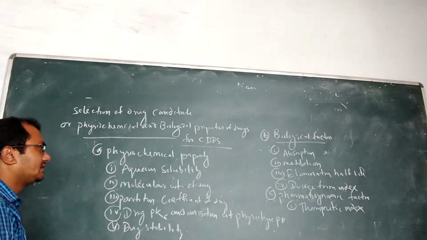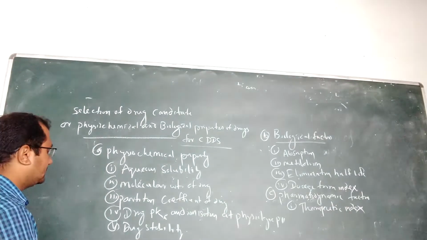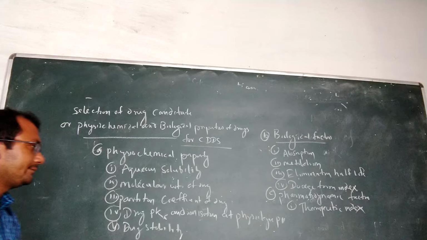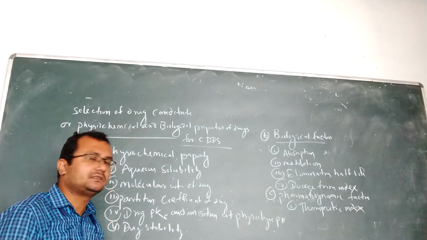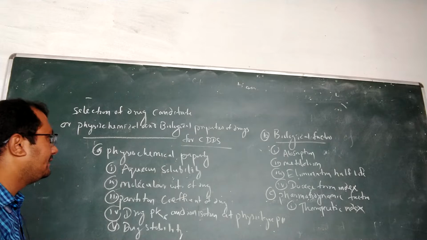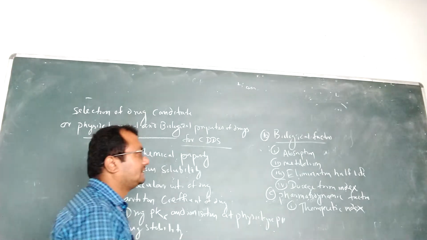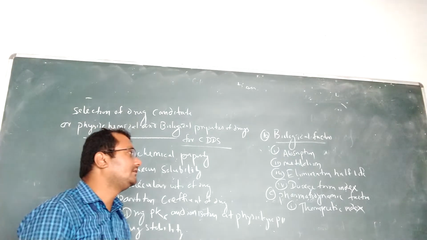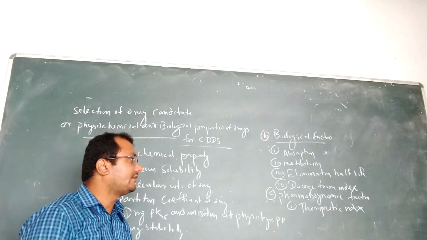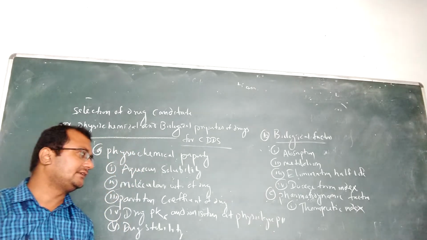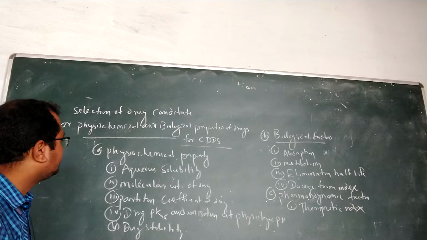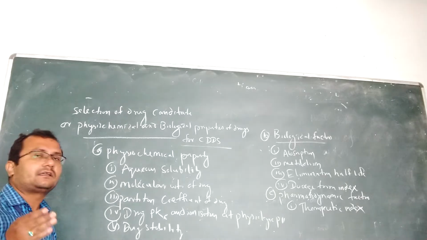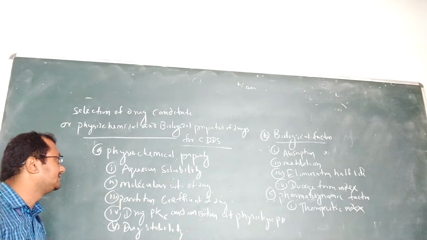First, aqueous solubility, molecular weight of the drug, then partition coefficient of the drug, drug pKa and ionization at physiological pH, drug stability, then biological factors like absorption, metabolism, elimination half-life, dosage form index, and pharmacodynamic factors like therapeutic index. Now let us discuss individually how they affect the drug candidate for controlled drug delivery systems.